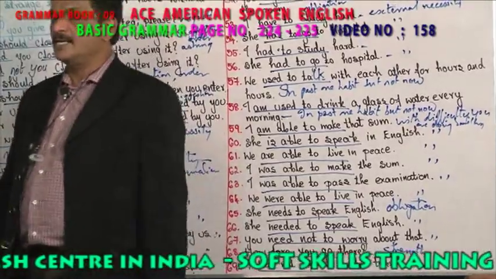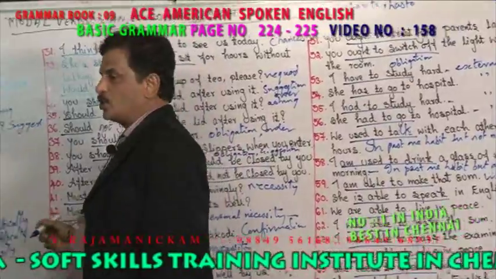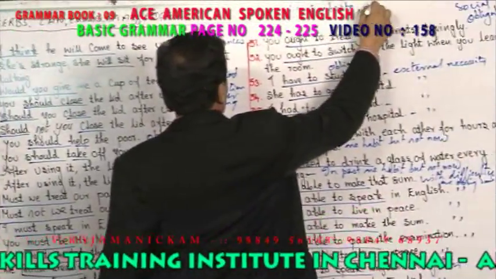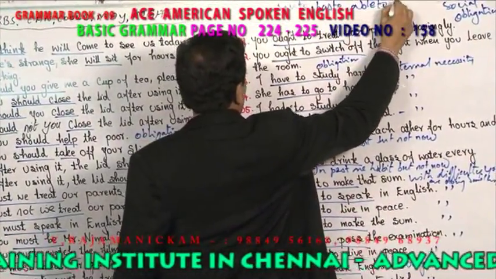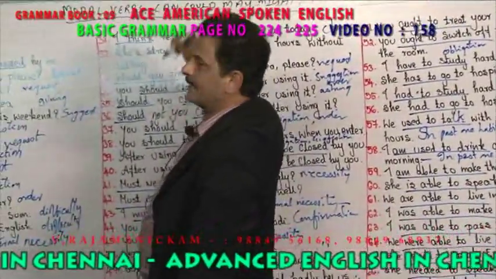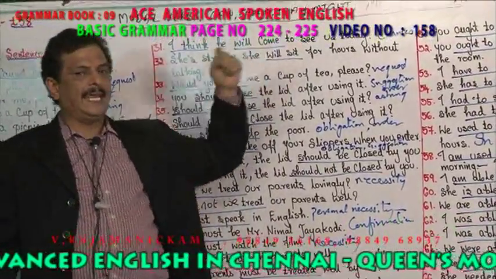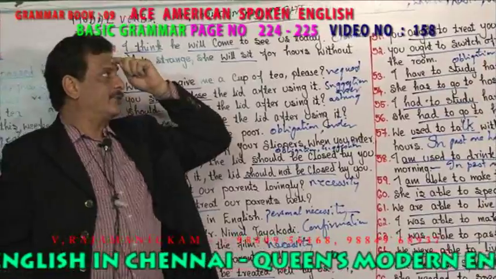Able to understand, sir? So, what you have seen is can, could, may, might, must, should, have to and has to plus able to, used to. So, where do you use can? It is the possibility. Could, possibility. May, requisition. Might, requisition.